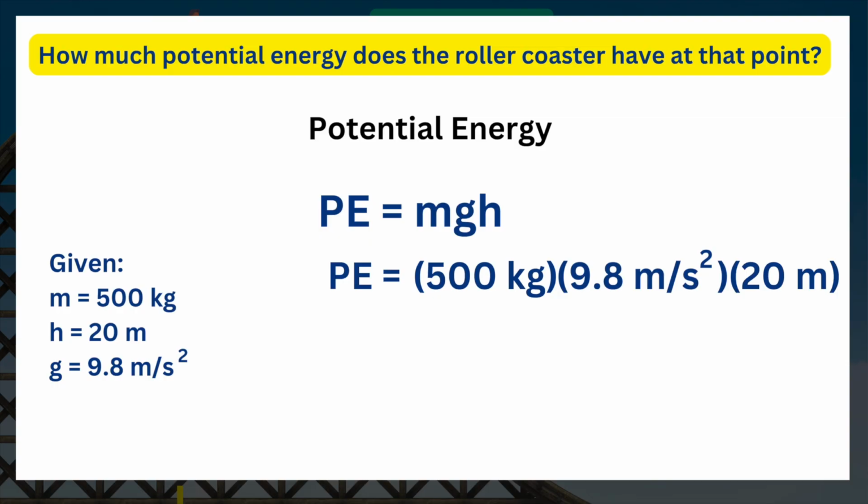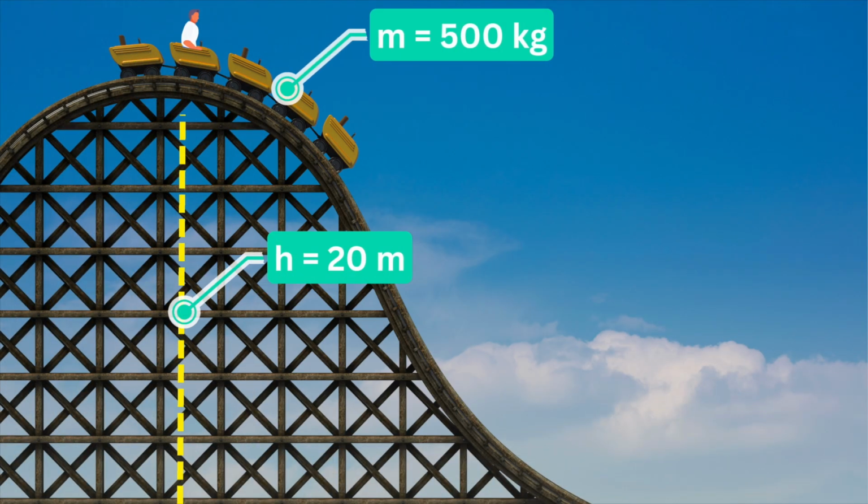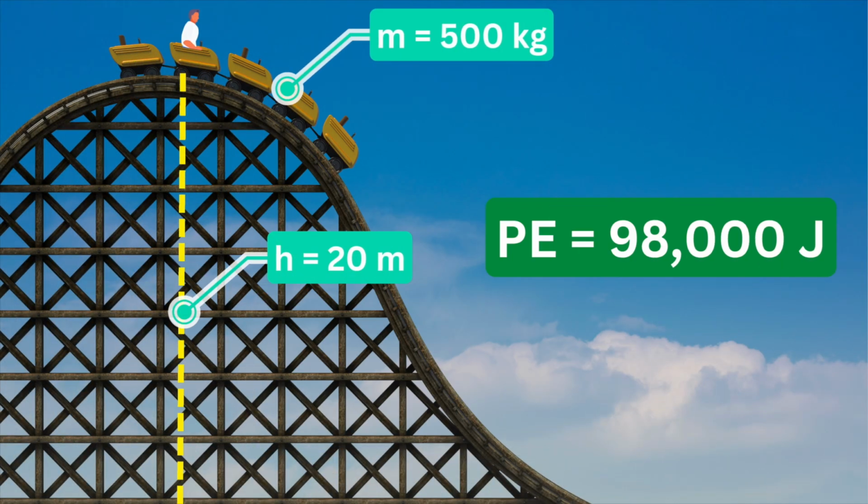And what's the potential energy? That's correct, 98,000 joules. So, at the peak, the cart stores 98,000 joules of potential energy. Once it drops, that energy is transformed into kinetic energy, powering the twists, turns, and speed that make the ride so exciting.